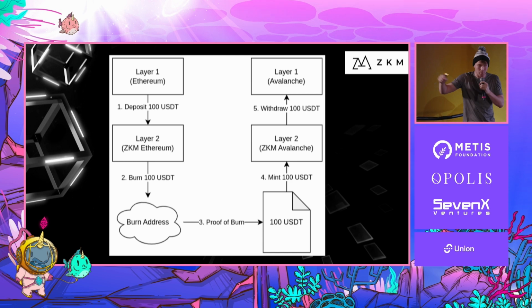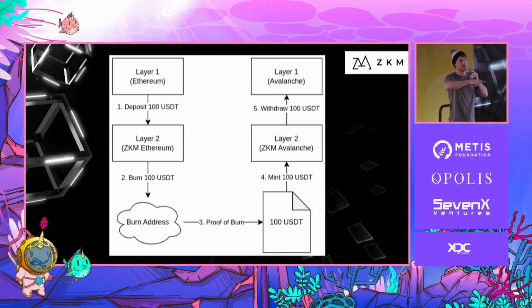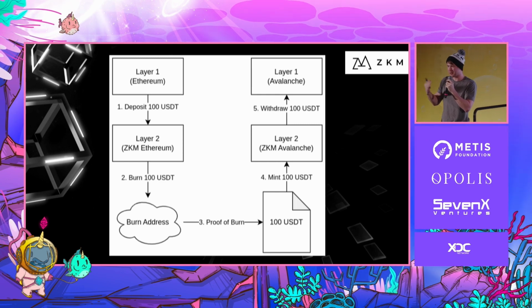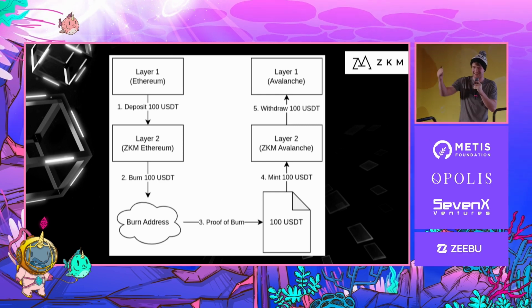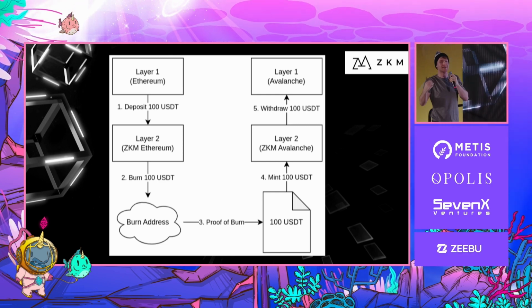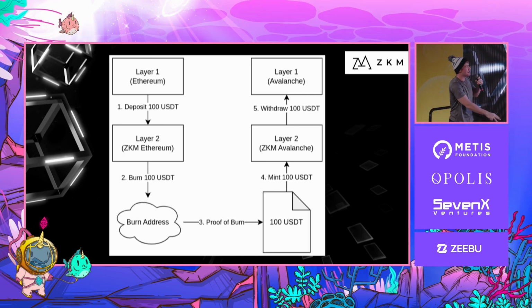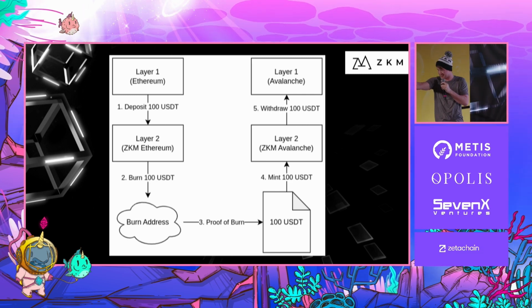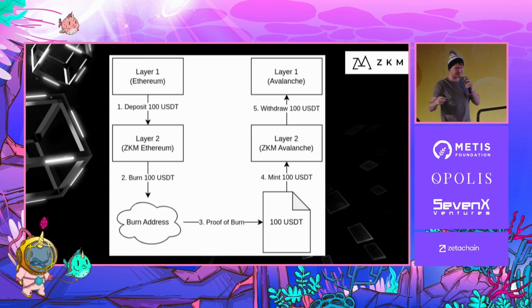So yeah, that's an important concept. Since we're inheriting the security of L1, essentially, if there is a reorg on L1, there needs to be some amount of finality present on that L1.